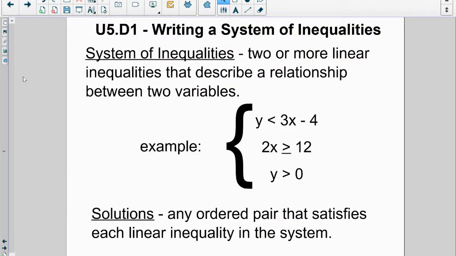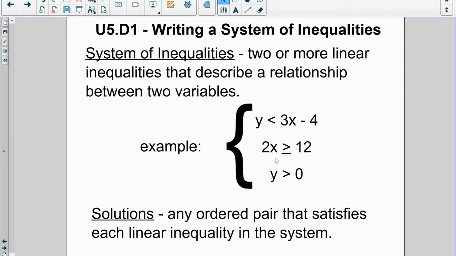So here's the beginning of our day 1 lesson for unit 5, writing a system of inequalities. Let's start with a few definitions. What is a system of inequalities? Well, a system of inequalities is when you have 2 or more linear inequalities that describe a relationship between 2 variables. For example, we have y is less than 3x minus 1.